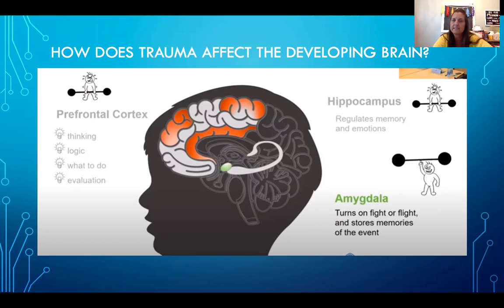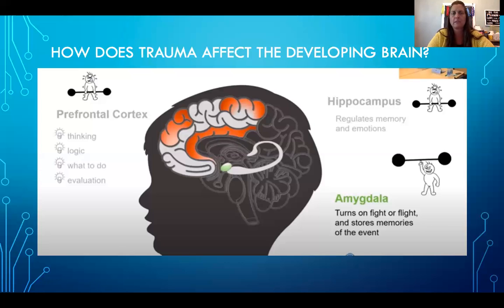The amygdala is really the superstar of your brain, because it's responsible for keeping you alive. Your amygdala is what turns on your fight or flight response, and it also stores memories of events. So if this is your learning brain, this is your survival brain. Your learning brain is very important, but your survival brain is literally necessary to keep you alive.